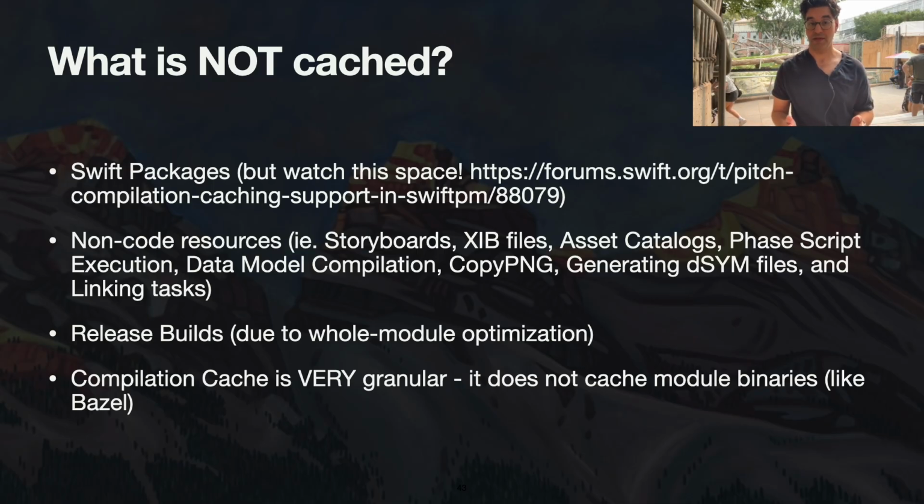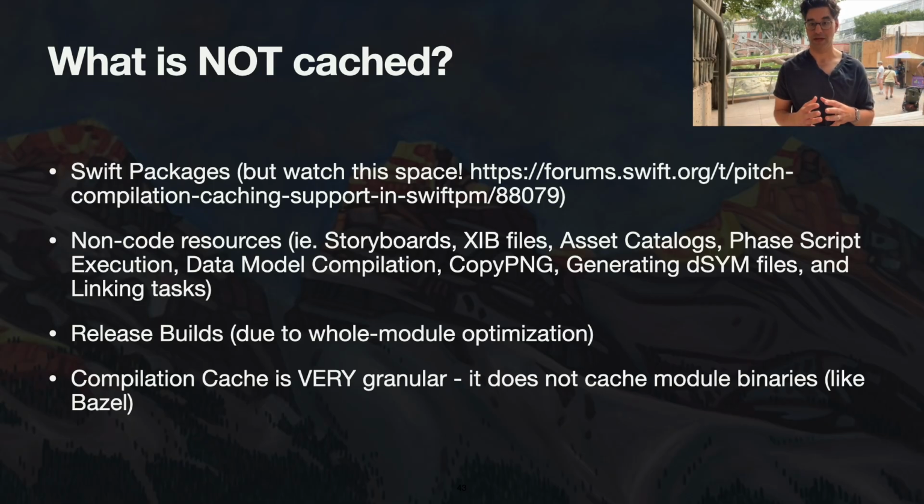Having said that, there is currently a pitch on the Swift forums to enable this support. So we should watch that space because that may be something that we can get to at some point in the future. Non-code resources, so images, movie files, nibs, linking, that sort of thing, data models, these don't get cached either.